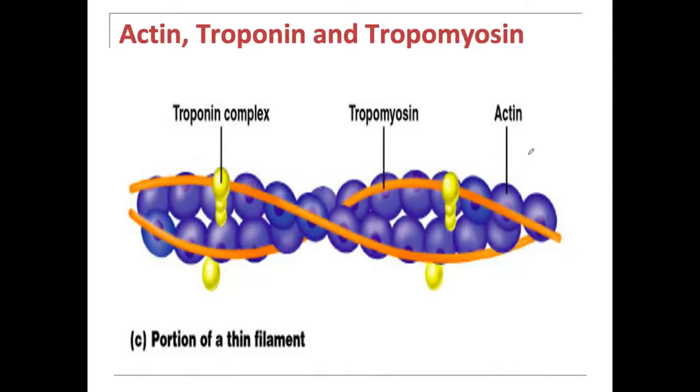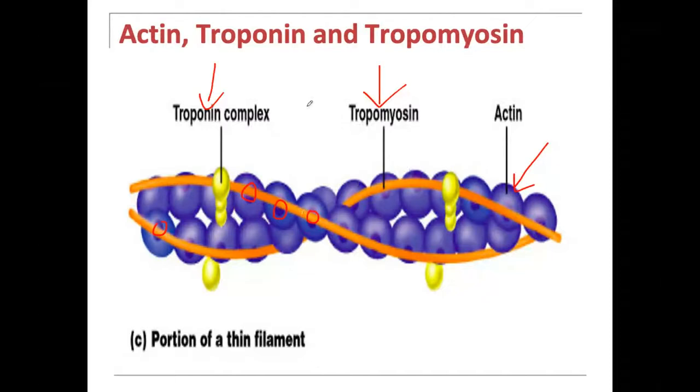So here in this picture, you have actin here, and these circles, those are the binding sites. But you can see that you can't see the full circles. Why? Because tropomyosin, that regulatory protein, is blocking it, and you can see troponin here is the staple that's holding it in place.